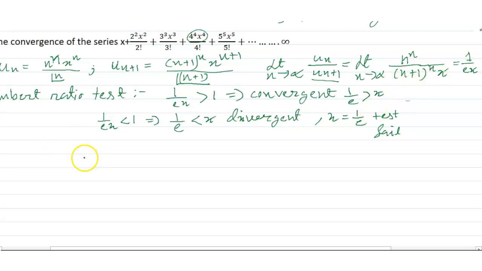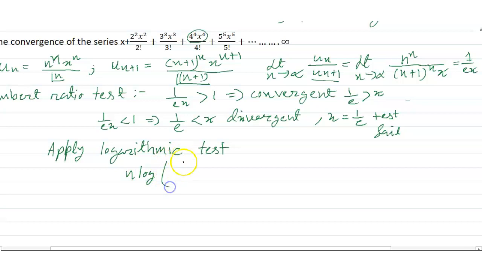So I apply the logarithmic test. I can write n into log of n^n e divided by (n+1)^n, and limit n tends to infinity.